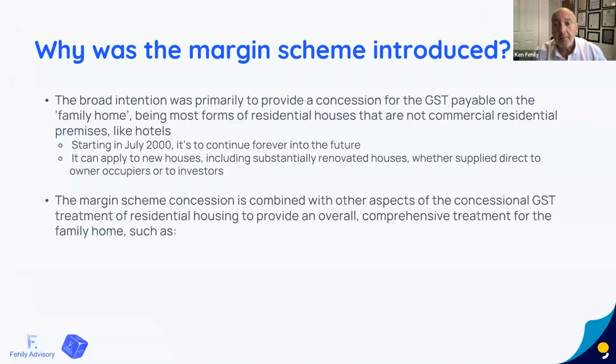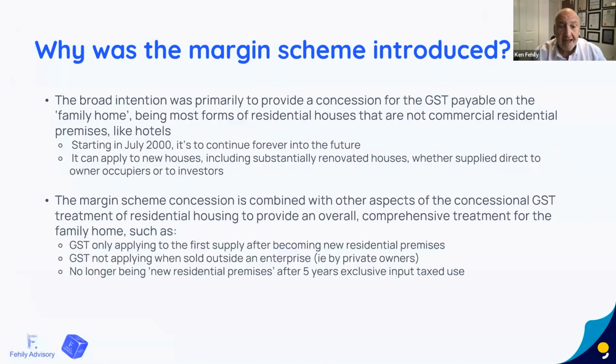But that was also going to be combined with other things involving the family home. For example, once the family home is sold the first time, if you look up things like Section 40-65, once residential premises are taxed the first time, never taxed again, even if it's within a business.